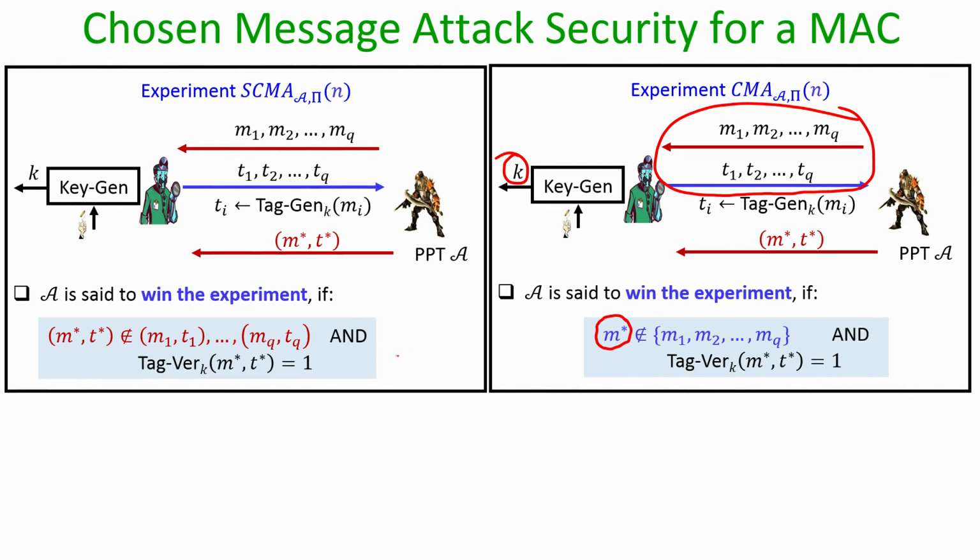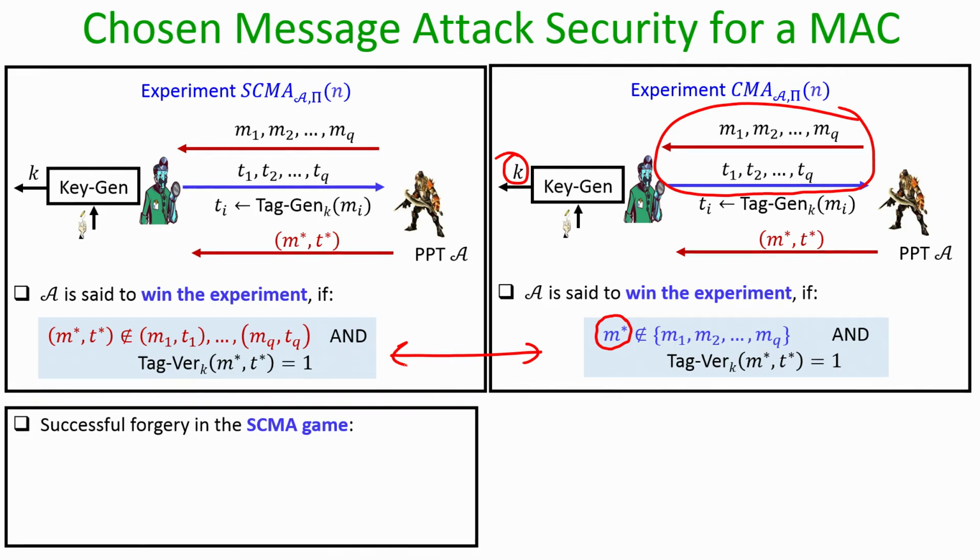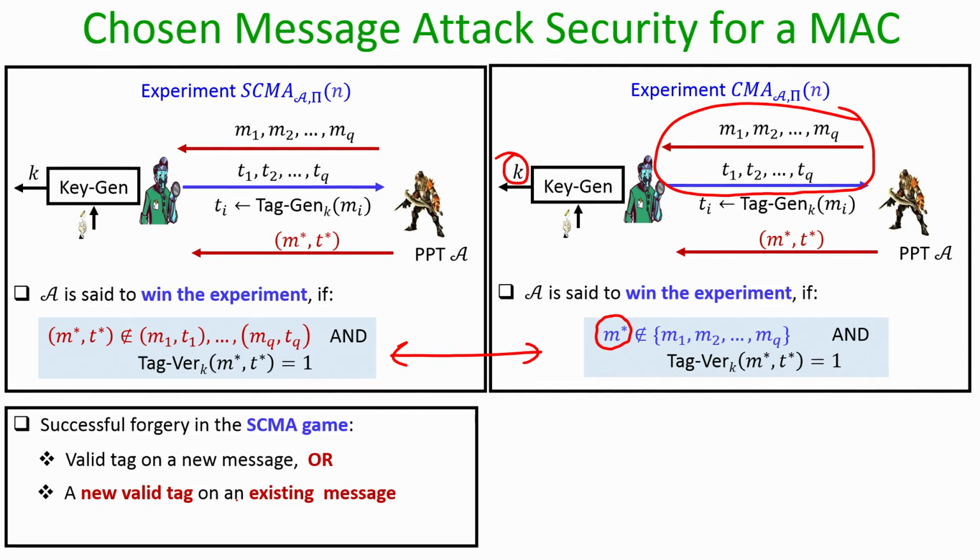If we see these two notions of security, they differ in a very subtle way. A successful forgery in the SCMA game, or strong CMA game, means that either the adversary has produced a valid tag on a new message, or it has produced a new valid tag on an existing message, because the requirement is that the overall forgery, namely the combined message and tag, should be different from all the previous message-tag pairs that the adversary has seen.